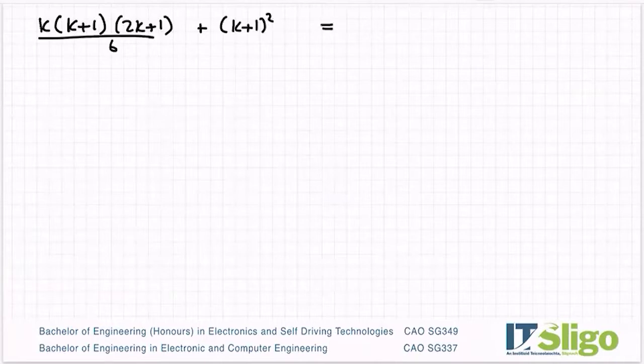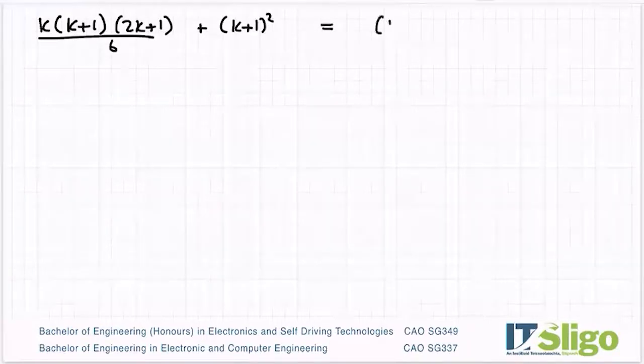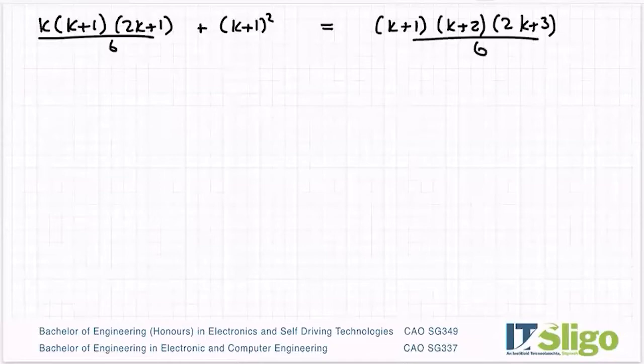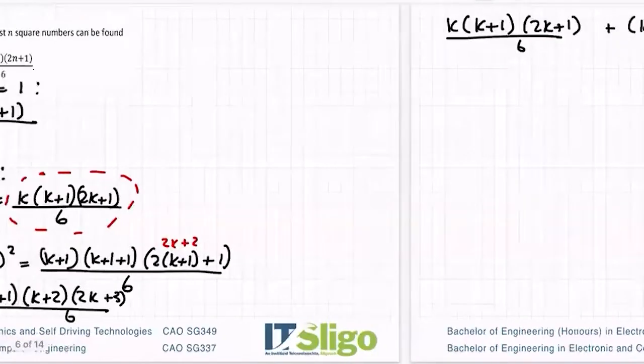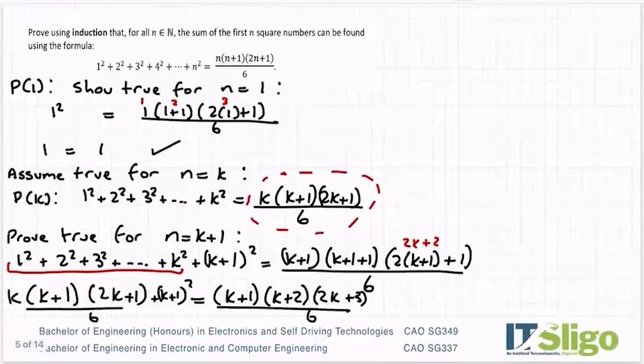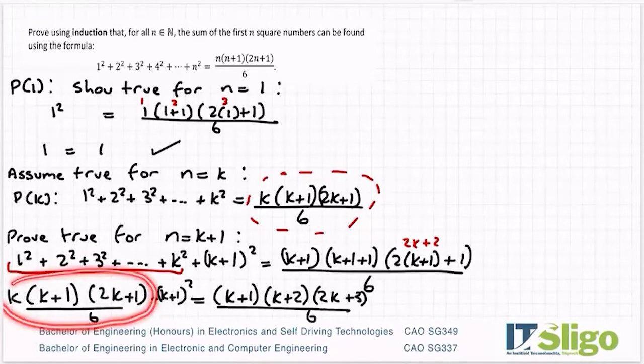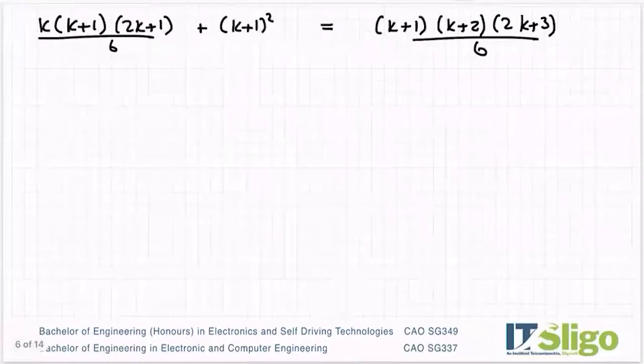And on my right-hand side, I had k plus 1, I had k plus 2, and then I had a 2k plus 3 all over 6. So we subbed in for n is equal to k for that one. We have the extra term here, and then we've worked out what the k plus 1 version of the right-hand side looks like.